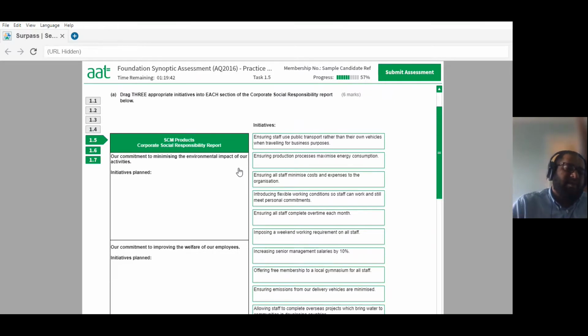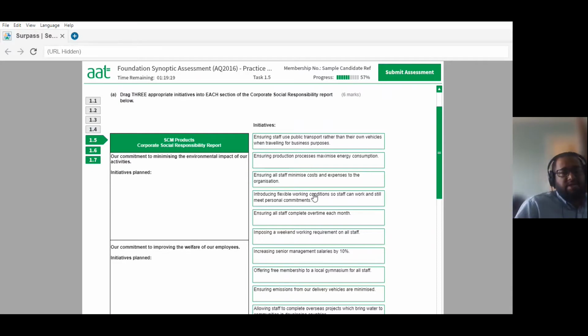If you say you're going to minimize the cost and the expense to the organization, you're not looking at providing a decent service, isn't it? Because that way, if you produce substandard items, provide substandard services, and obviously if you go for cheapest, you may compromise on the environmental effect as well. So that is not going to be a right answer.